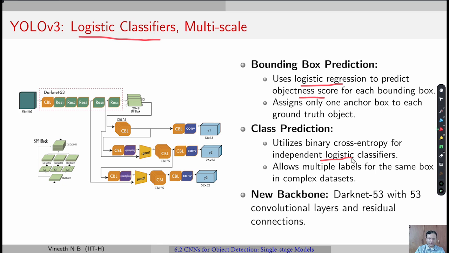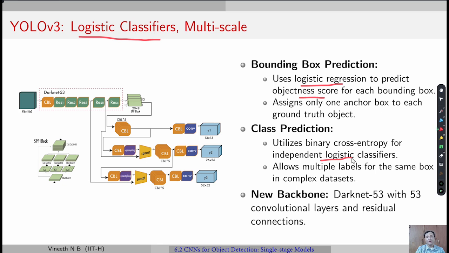YOLO v2 or v1 used softmax on an anchor box or a grid location to make the final class prediction, which means that a particular anchor box could only have one class label as its final assignment. This was modified to have a logistic classifier, a binary classifier on each class label. This hence allows a particular anchor box to have multiple class labels.